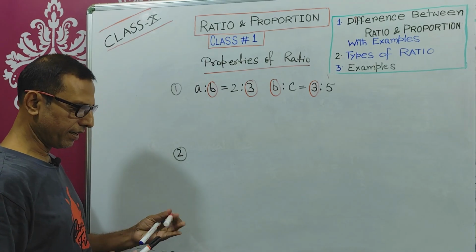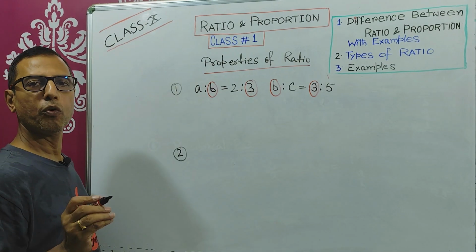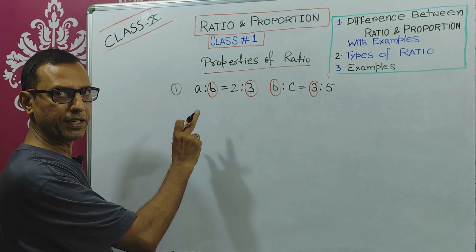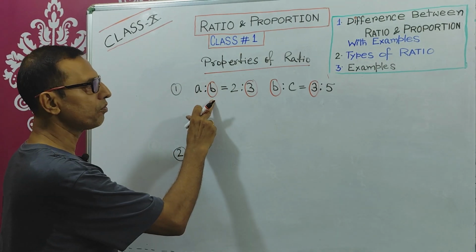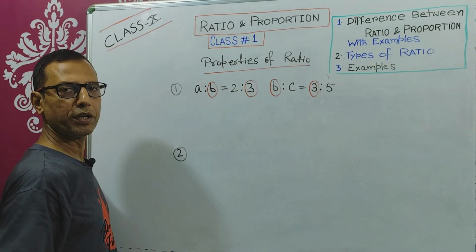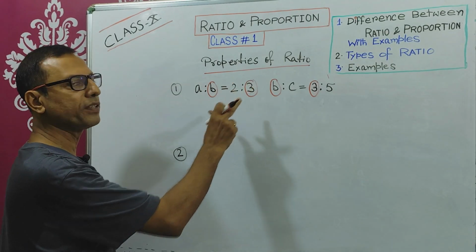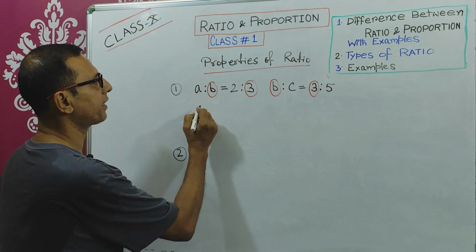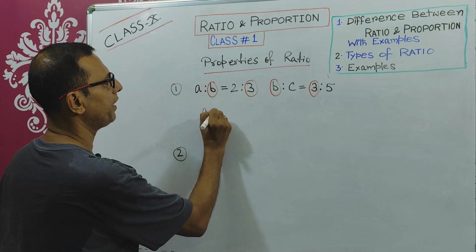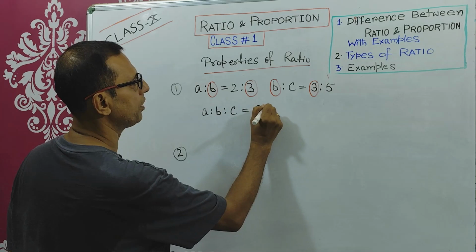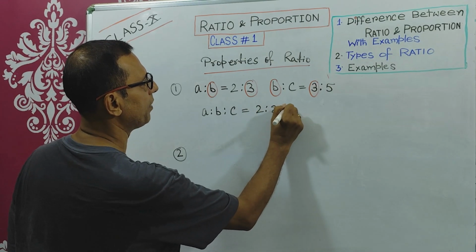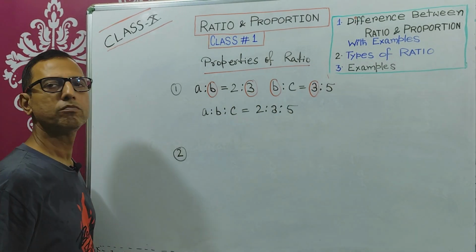So if there is one common entity in two ratios and its value is the same, in that case you can write A is to B is to C equals 2 is to 3 is to 5. 3 is common.